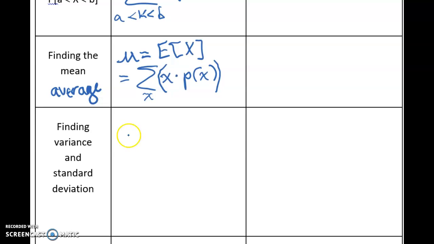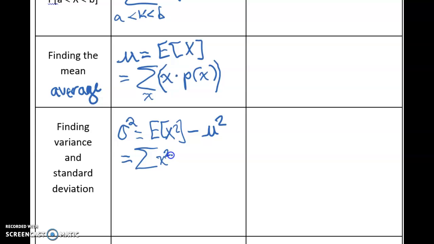The variance and standard deviation, so you'll see it says that it's the expected value of x squared minus mu squared. And let's do the expected value of x squared.